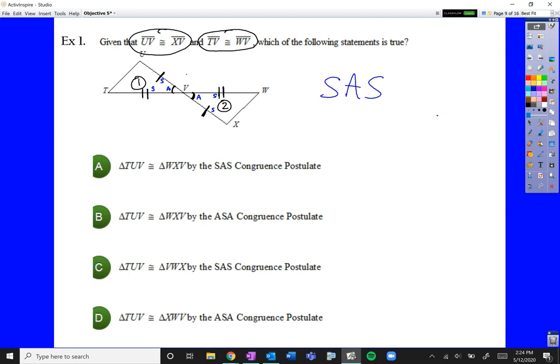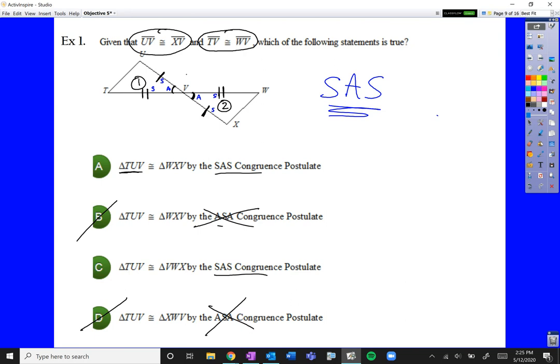So we must be talking about side, angle, side here. So that should help us eliminate. So side, angle, side, good. Angle, side, angle. Nope, because that's not what we're given in the diagram. And same thing, angle, side, angle, no way. So now it's just a question of which of these 2 triangles is the correct ordering. So watch.